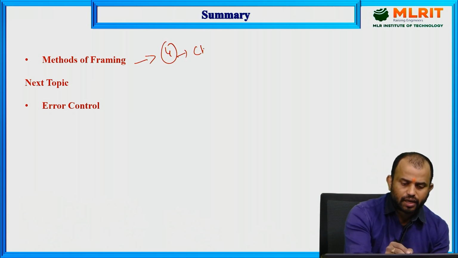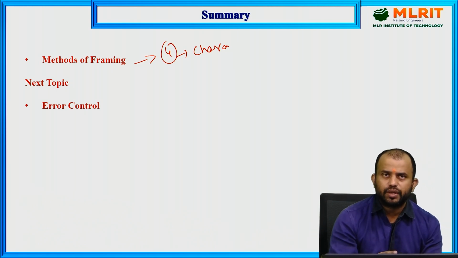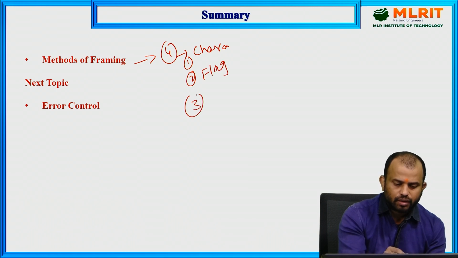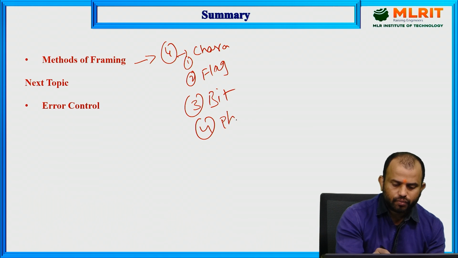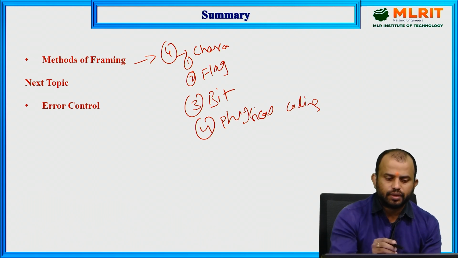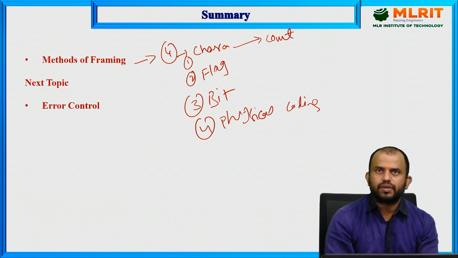The first is character count, based on how many characters we count in the frame. The second is bit stuffing or flag stuffing. And the last is physical coding violation. Everything is different from the other structures. In the character count structure, we just count how many characters are present in a frame.